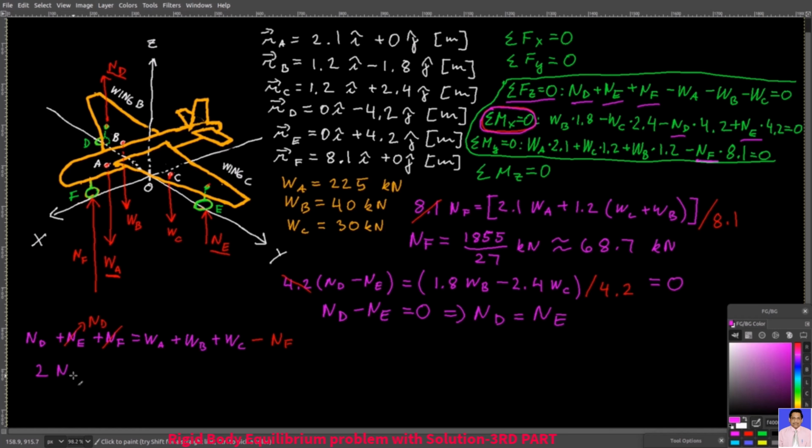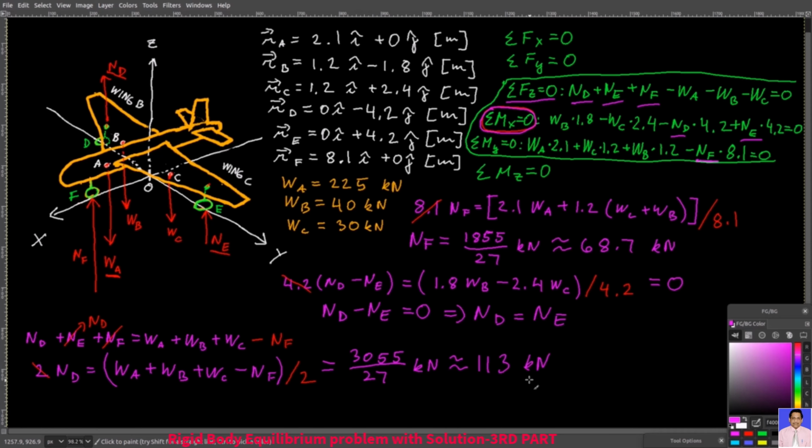So I have 2 times ND equals all this. And then I take this 2 and I put it here in the denominator. And so my ND will be this thing or this thing. Since ND equals NE, then this is also my NE.